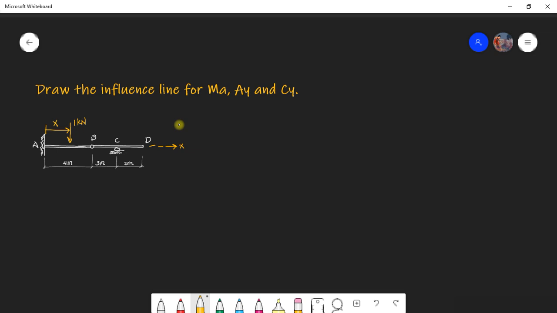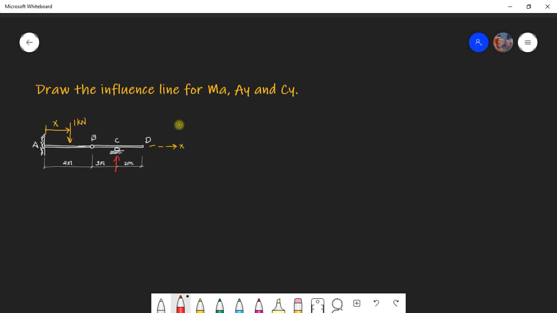Take note, you first have to identify the influence diagram of a known reaction. Before you proceed with the influence diagram of any of the unknowns, draw first the free body diagram.